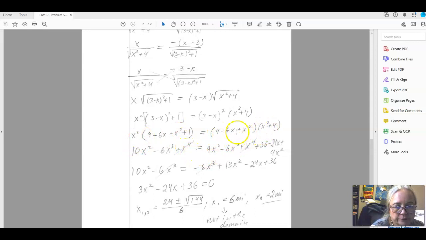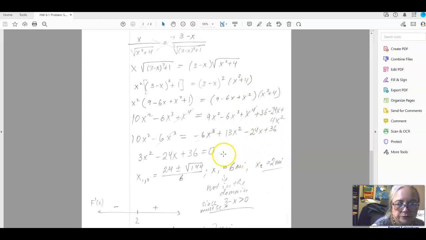Then I multiplied here by x squared first, I distributed x squared into this trinomial, then I distributed 4, and that's what the right side looks like. Then I carefully subtracted x to the degree 4 from both sides, because here we have x to the degree 4 and here we have it too.